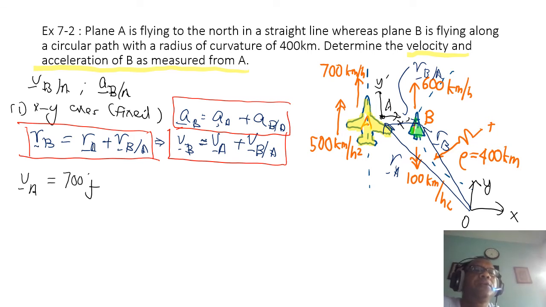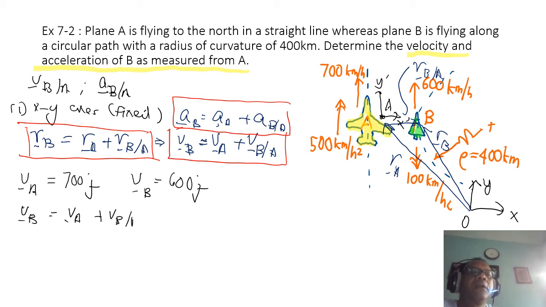Not going to write the units. So VB is also tangential to that, 600 km per hour, 600 J. Then we can write VB equals VA plus VB relative to A. So the velocity of B measured from A is VB minus VA from this equation.